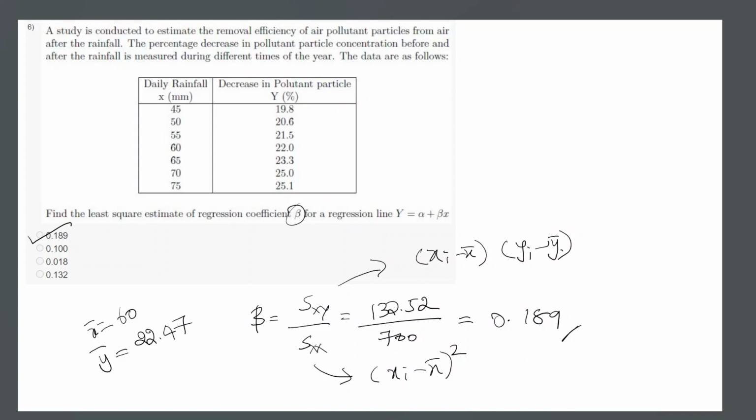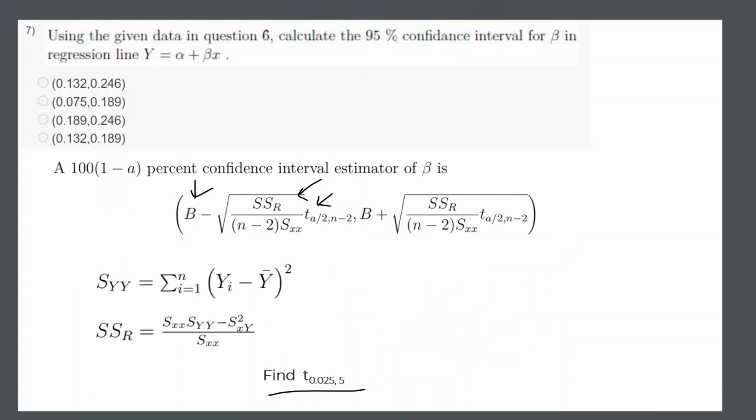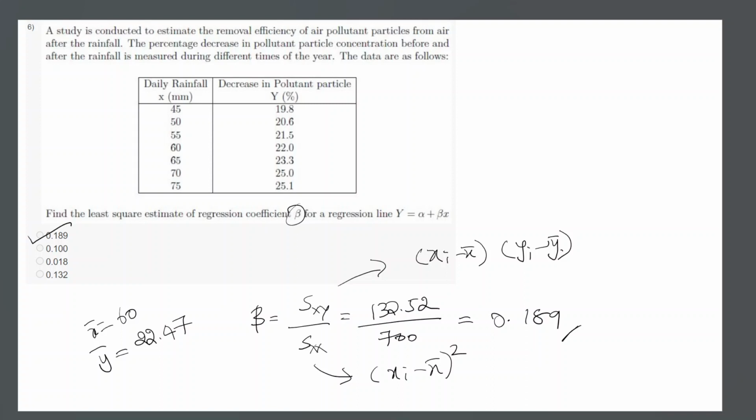As a continuation of this question, using the given data in question 6, calculate the 95% confidence interval for beta in the regression line. Earlier we estimated beta, and here you can directly estimate alpha also.